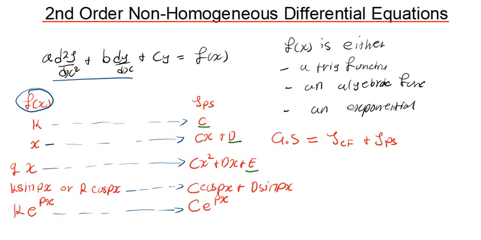So when you determine your y_PS, meaning your particular solution, substitute it in that. Whatever you come up with is going to help you find your indeterminate coefficients, in this case the c, the d, or whatever letter you use. It doesn't really make a difference. It's one and the same thing.